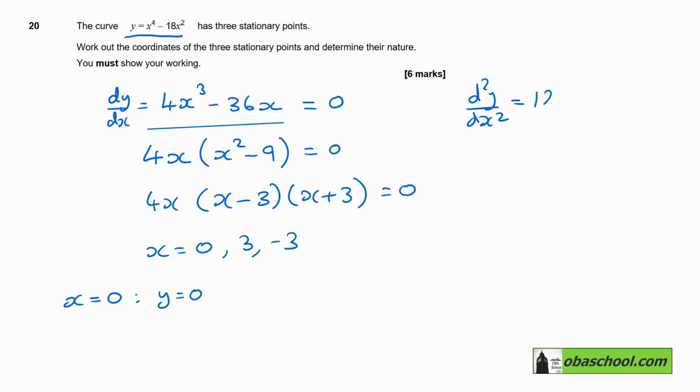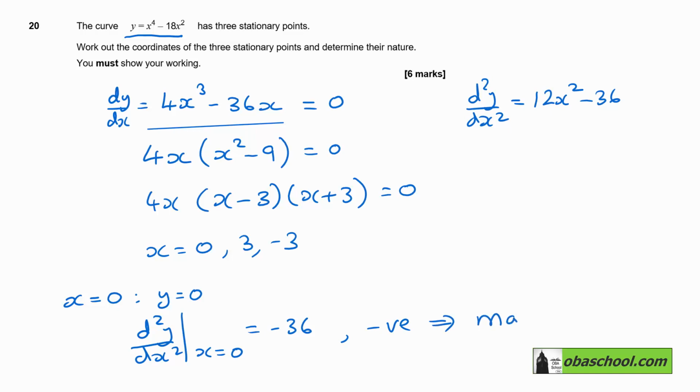So that's going to be 12x squared take away 36. So here d2y dx squared, when x is 0, is negative 36. Negative implies that we have a maximum. And therefore, we have a max at 0, 0.